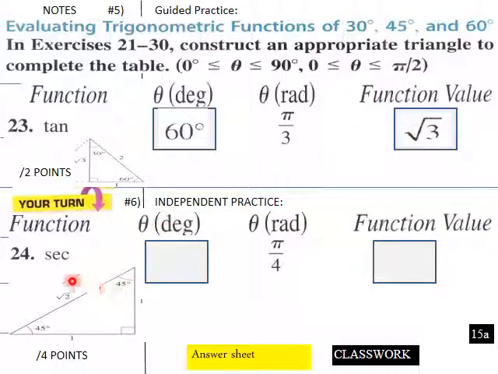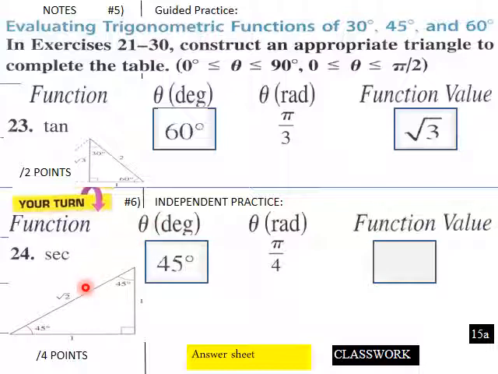And then down here we have a secant function here to evaluate. We have pi over 4. So pi over 4 we know is 45 degrees. So what would be the function value for a secant function for a 45 degree? Secant is the inverse of cosine.